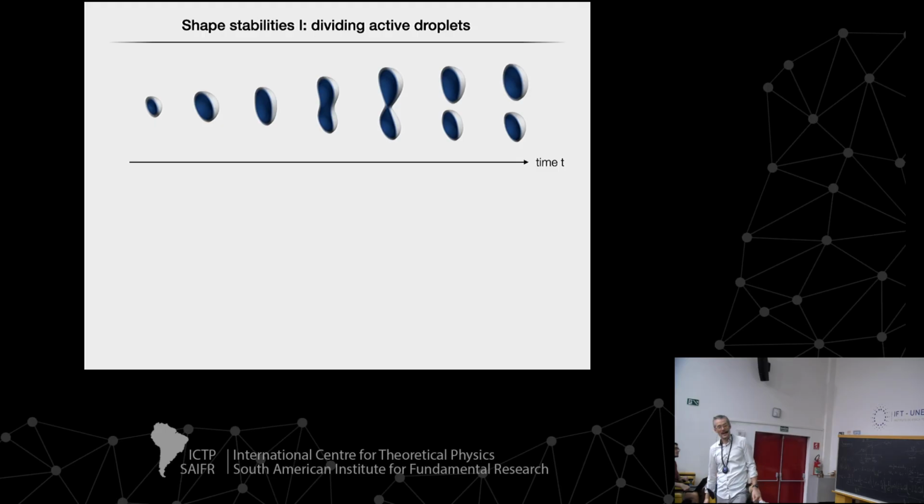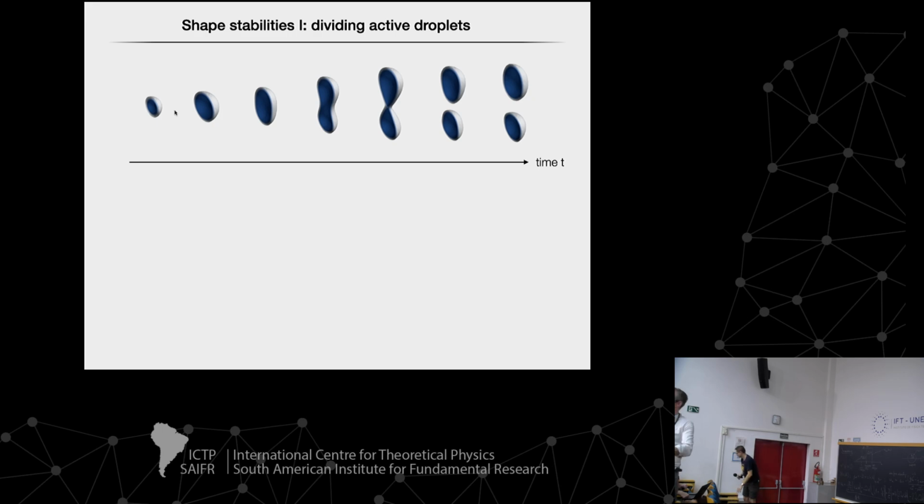Then you can have dividing droplets. The droplets can grow, and this is just for representation reasons, a droplet cut so that you can see into the inside. And this droplet separates into two. So it does division. That's weird.